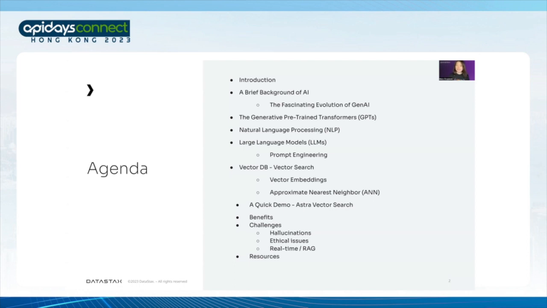If you have been working with AI, everybody has heard of LLMs, and the prompt engineering that it has. Then I'll introduce to you vector search and also vector database, what it is, and also the embeddings that are being used, and also a technique called approximate nearest neighbor that's helpful to do similarity search.